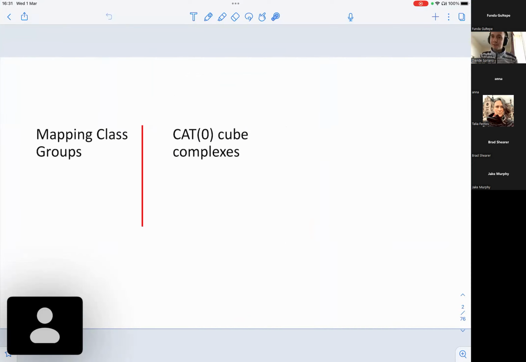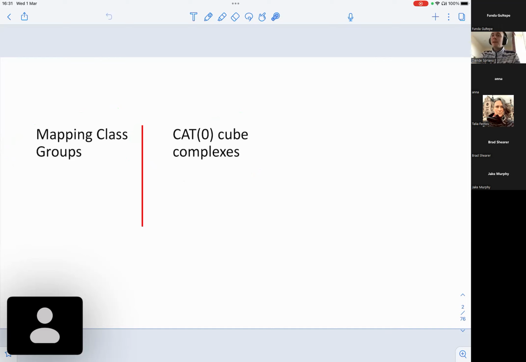This is the 2 minute overview, the elevator pitch of the talk. There are two very classical, very well-studied objects in geometric group theory, which are mapping class groups and Katsir cube complexes. There are many reasons why those are classical and well-studied. There are many applications, for instance in three-manifolds, maybe the most important, but in all sorts of areas.